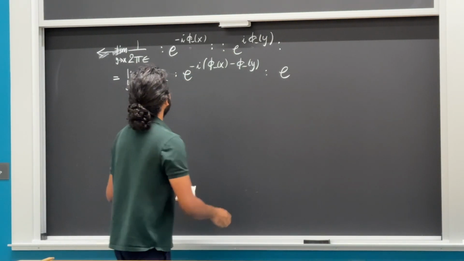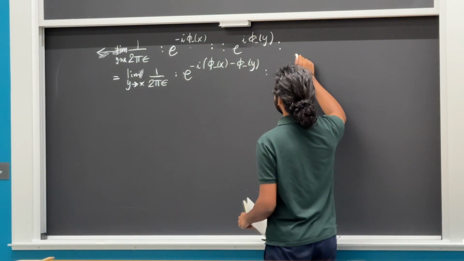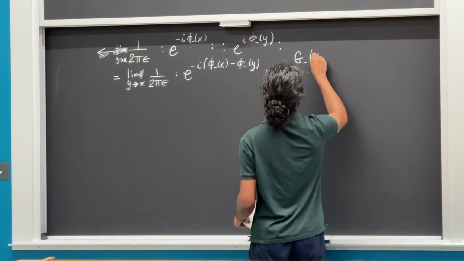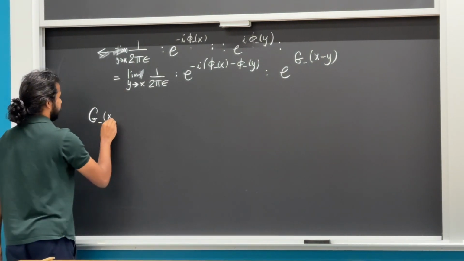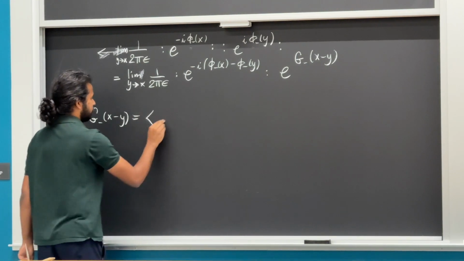The correlation function between them we denoted by G minus.